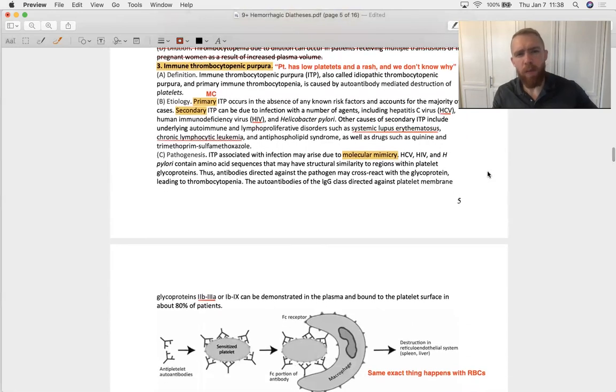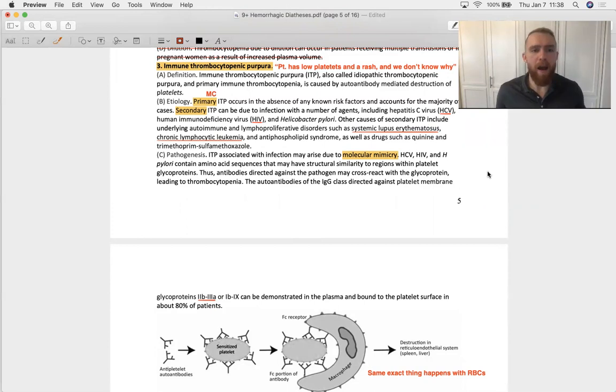First, there's immune thrombocytopenic purpura. So thinking about this, immune, it's because your immune system is doing this to you. You've got low platelets and you've got a rash, you've got a purpura. So the patient has low platelets and a rash, and you don't know why, because this is also called idiopathic thrombocytopenic purpura, which is what we call something when we don't know why it's happening.